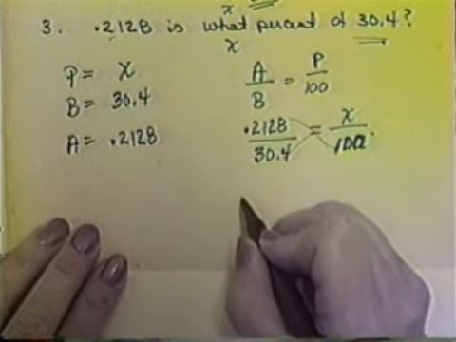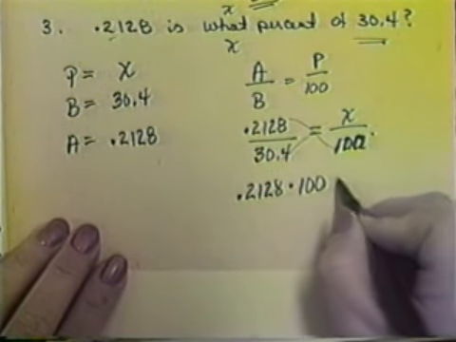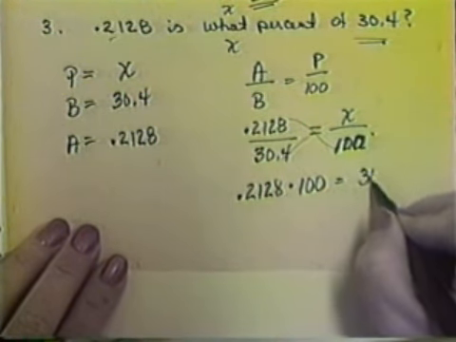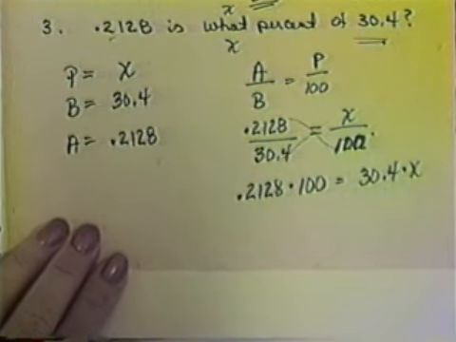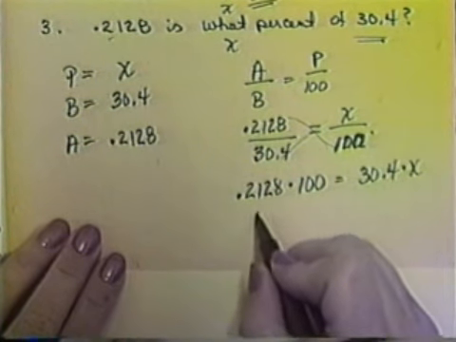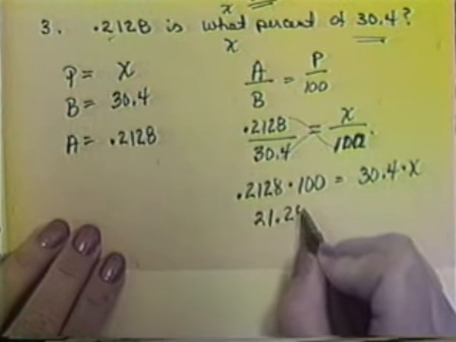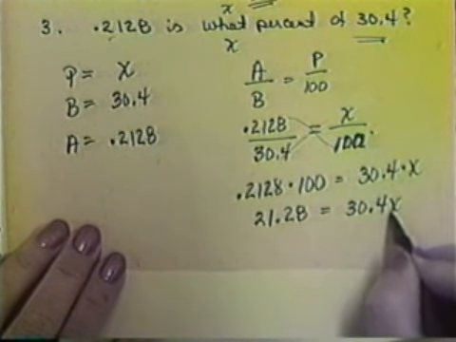So we get 0.2128 times 100 is equal to 30.4 times x. Now we need to multiply 0.2128 by 100 and we get 21.28 is equal to 30.4x.